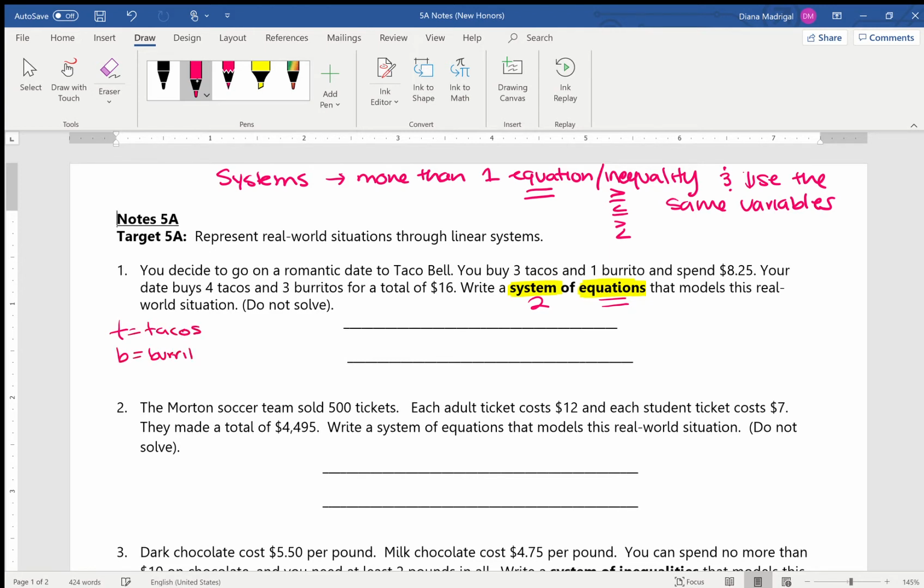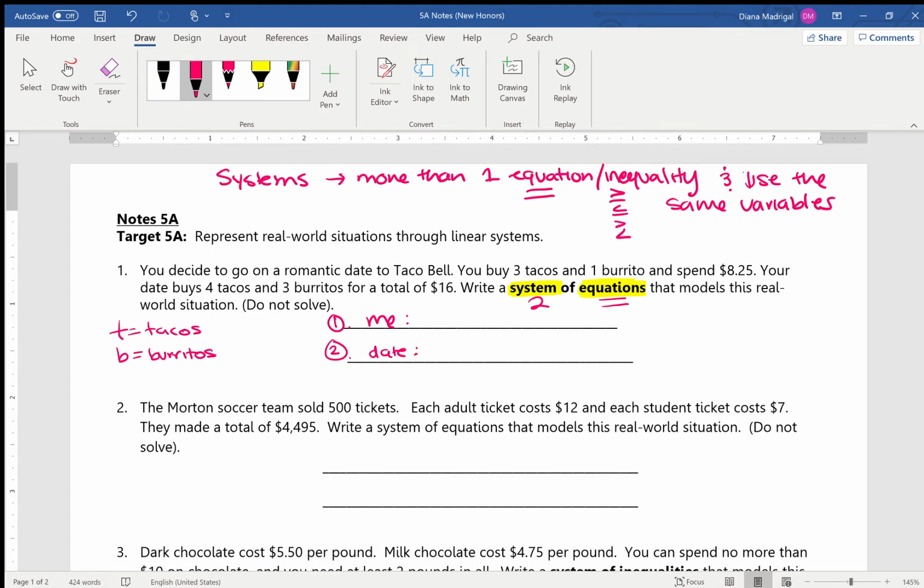It makes sense. The first equation is going to be talking about me, what I spent and what I bought. And the second equation has to be talking about my date or my friend.